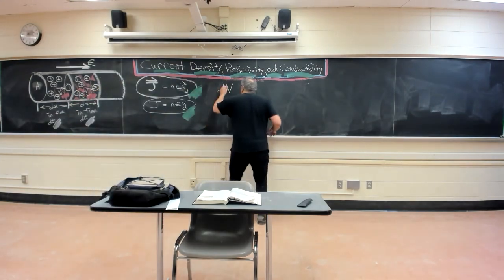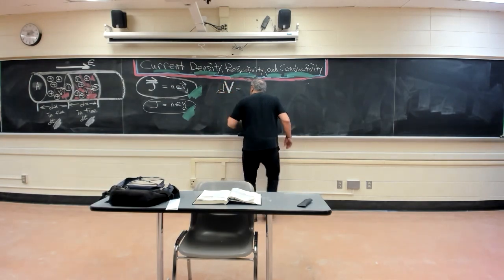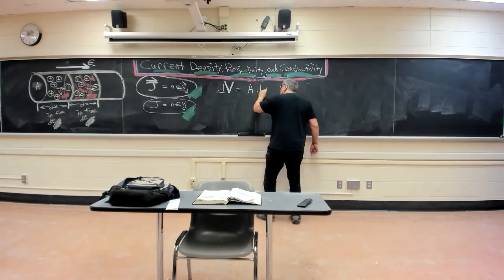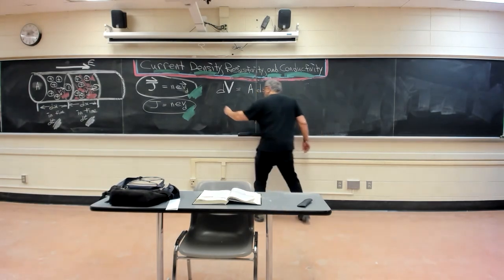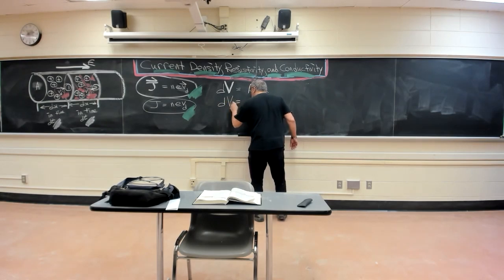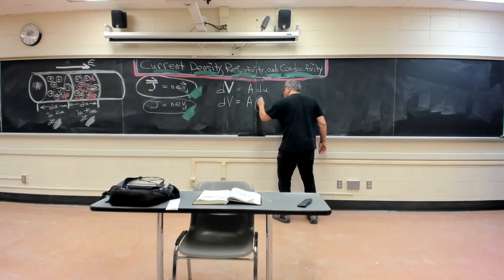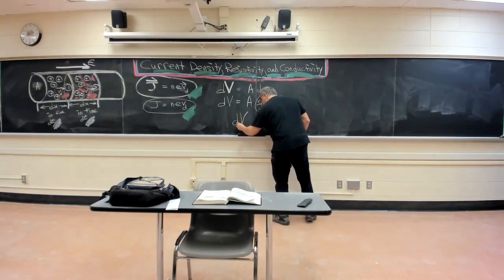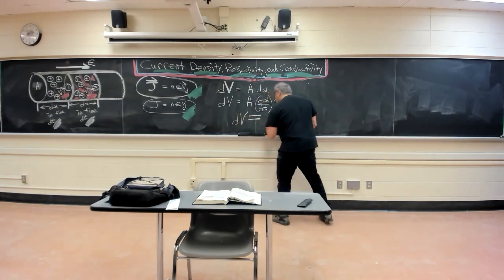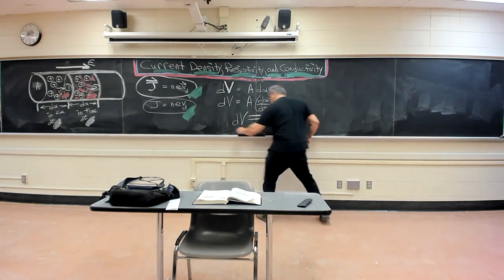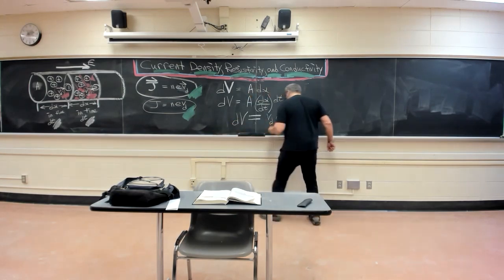That big amount of volume is the area moved through a distance dx. That change in volume is area times dx/dt times dt. Well, wait a minute. The dx/dt, at the end of all that, was v sub d. This is dt, and that is the change in volume that is occurring.